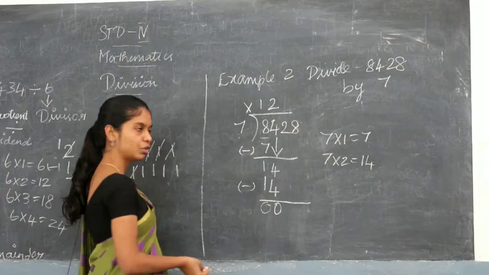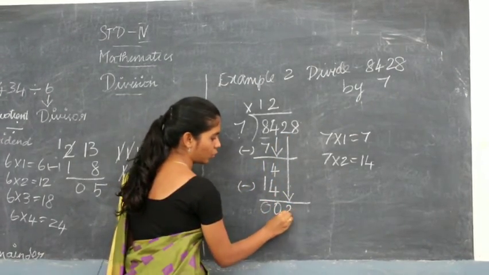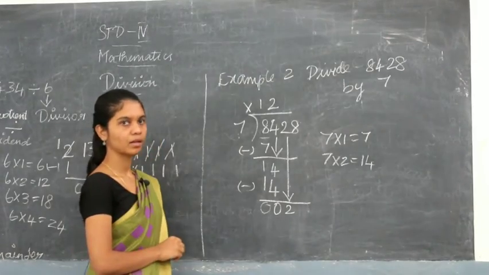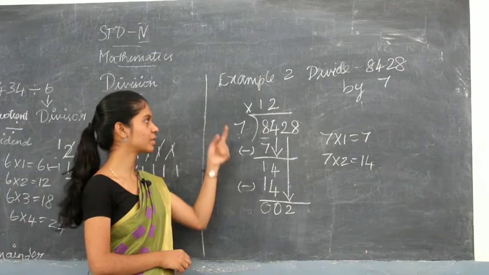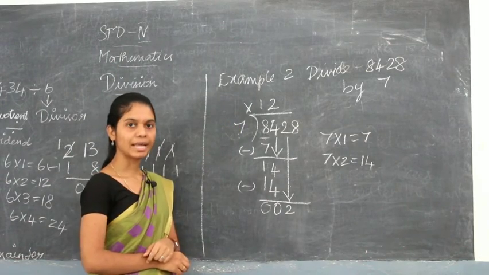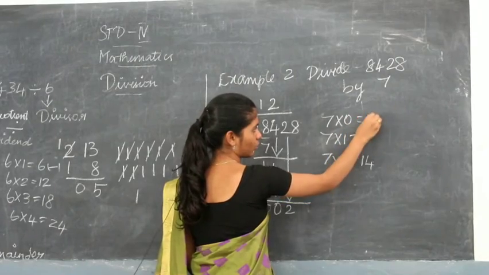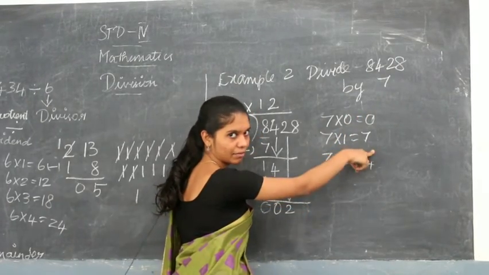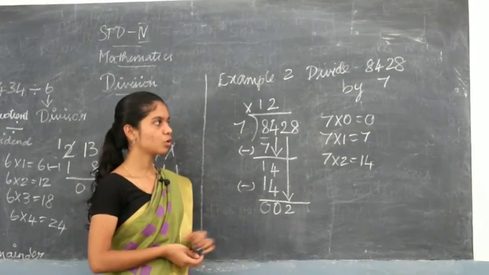Now what you should do? You should get the next number down, which is 2. Look at here, you have 2. So what you should say? You should start telling 7 table. 7 into 0 is equal to 0. 7 ones are 7. 7 ones are 7 is greater than 2. So what you will do?